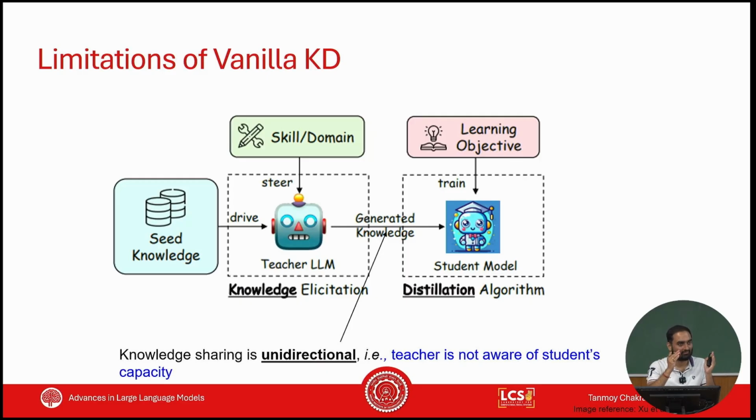There is a KD loss, where you can use KL divergence or reverse KL divergence, and there is this layer-wise loss, right? You minimize this loss and you backpropagate it to the student model. The teacher model doesn't know anything about the student model. The teacher model remains frozen. So the basic limitation is that the knowledge sharing is unidirectional. The teacher is not aware of the student's capacity.